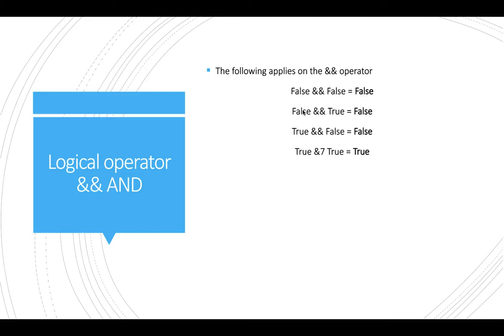If the first condition is false and the second is true, the result is false. If the first is true and the second is false, the result is false. And if both of them are true, obviously the result is true.